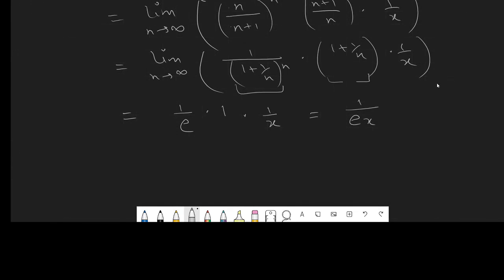We have written this because limit n tends to infinity 1 plus 1 by n power n is equal to e.